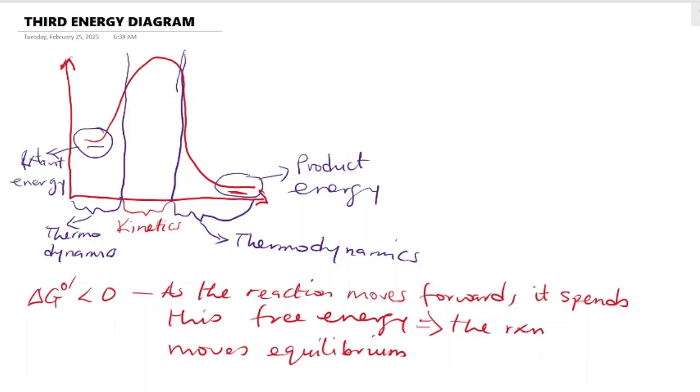So delta G standard is also a measure of the extent to which a reaction, as written, is not yet at equilibrium. So it means it has more energy to spend as it makes its way to equilibrium.